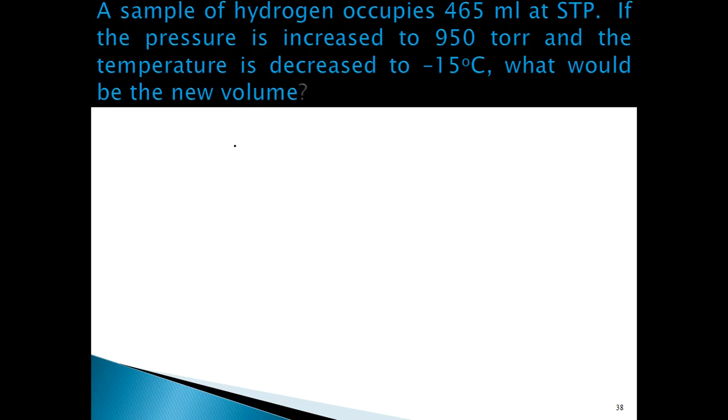The initial volume, V1, is equal to 465 mL. The initial temperature, T1: it says STP, so the initial temperature is 273 Kelvin. The initial pressure, P1, is the standard pressure, which is 760 torr. The final pressure, P2, is equal to 950 torr.